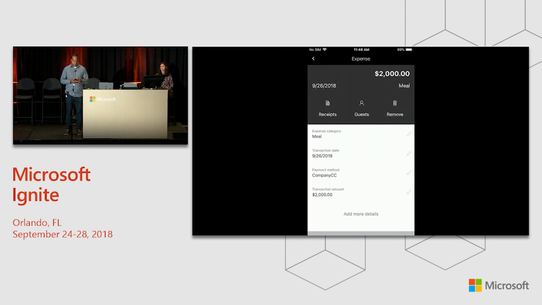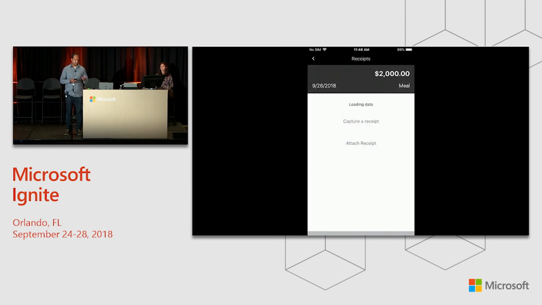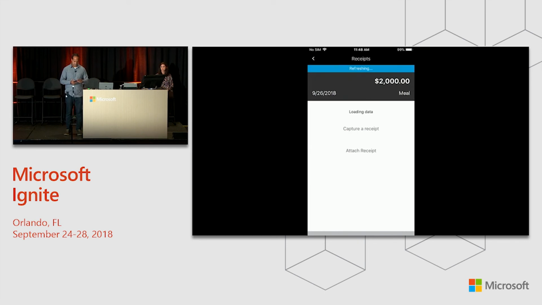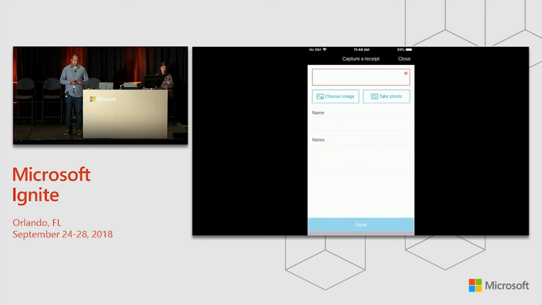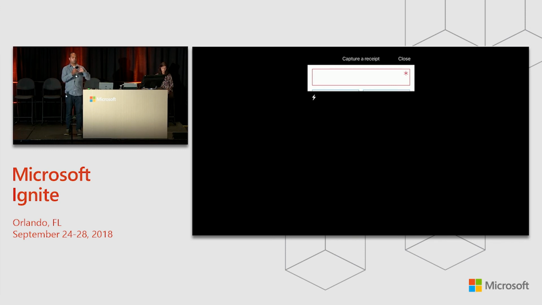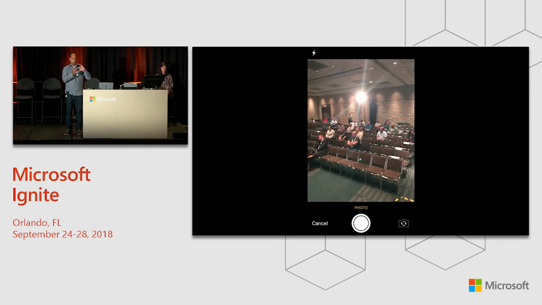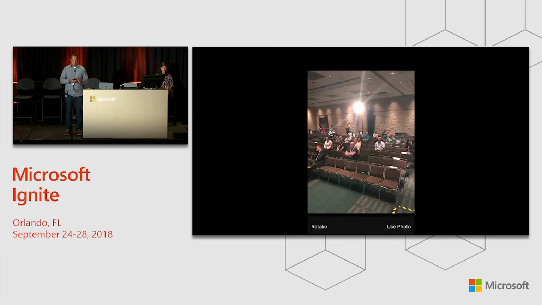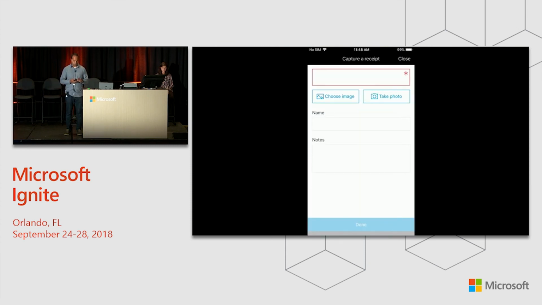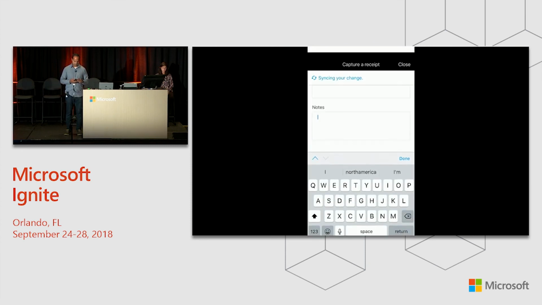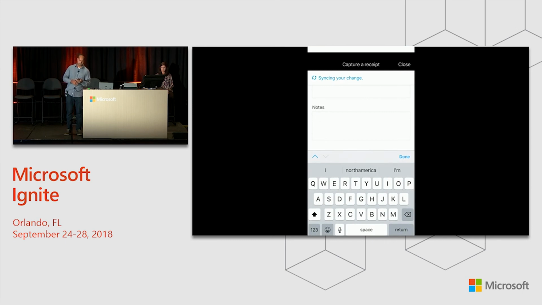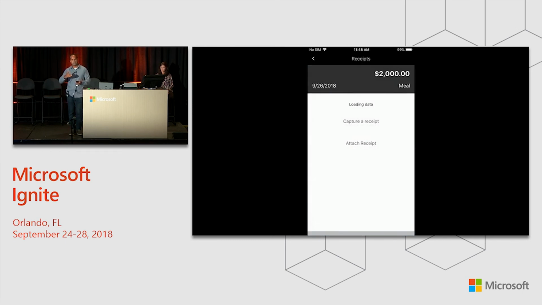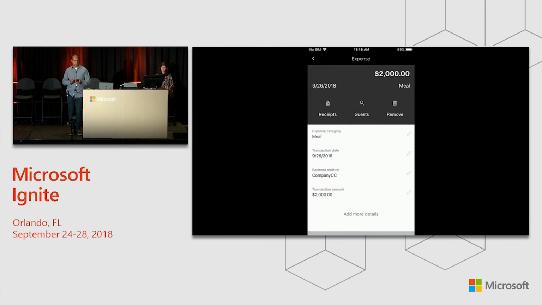Now, what I can also do is attach a receipt. So I have a receipt with me somewhere, and I want to capture that receipt in the system right away. I'm going to capture a receipt. I'm going to take a photo of you guys. Suppose you guys are the receipt. And I'm going to capture it. And I'm going to use this photo, and then I'm going to save it. Once it's synced to the system, this expense line that I entered and the screenshots that I took are all entered into your expense report, and you don't have to wait to go back to your office to do this.